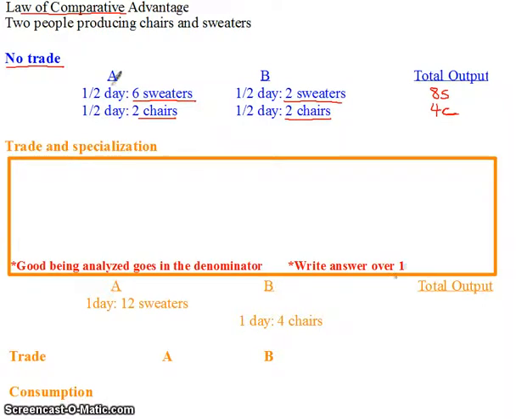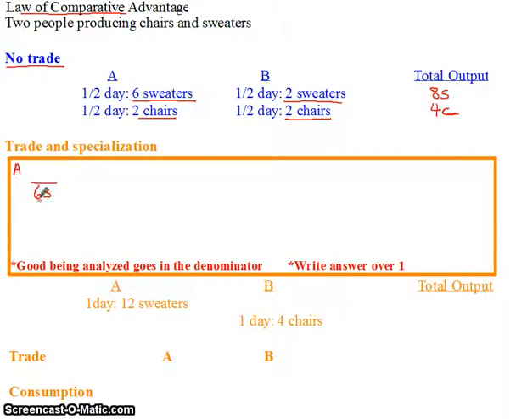Let's first look at person A. What does it cost them to make, let's say, sweaters? Sweaters is the good that we're going to analyze, so it goes in the denominator. We're going to put 6 sweaters in the denominator, and ask how many chairs does person A give up to make 6 sweaters?